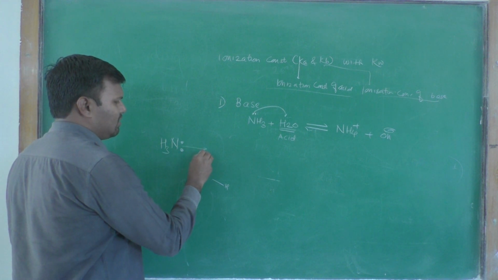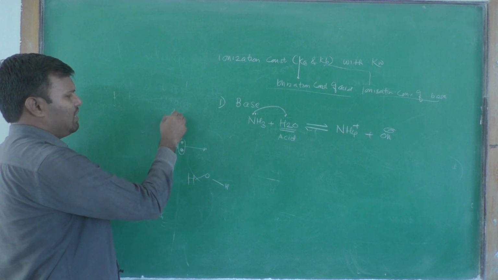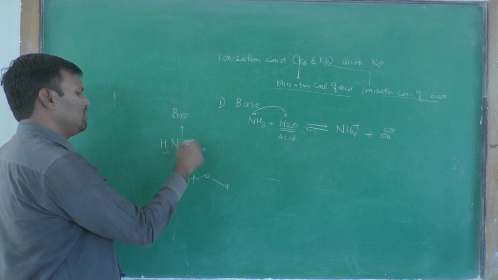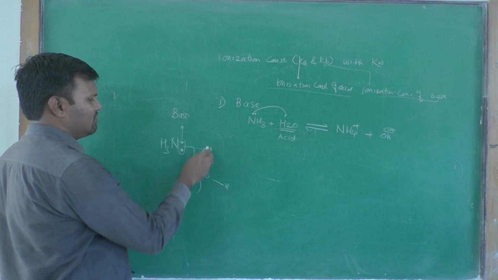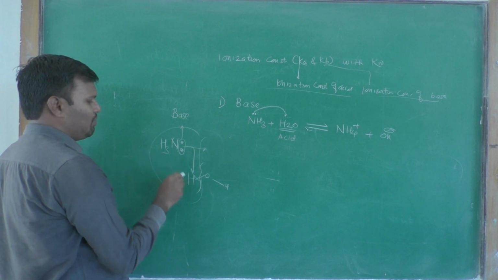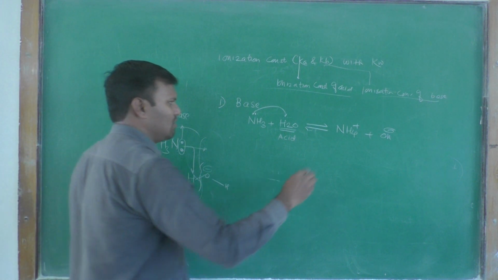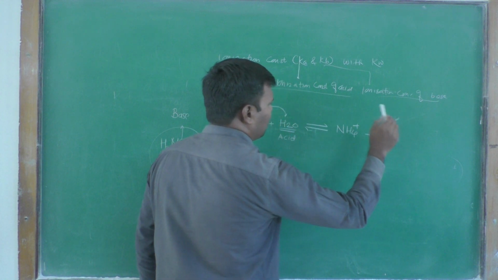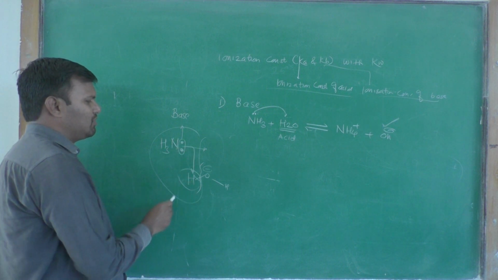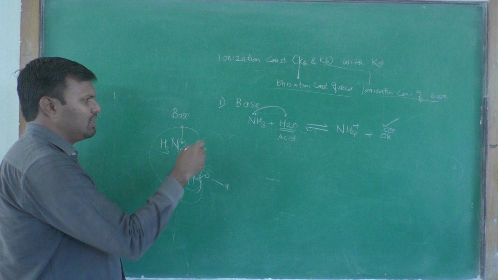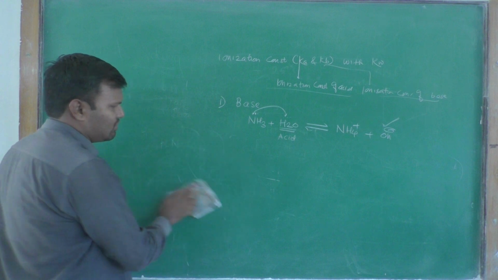According to the Lewis concept, the species which gives the lone pair is a base. It gives the lone pair, accepts the H plus ions, and is converted to NH4 plus and OH minus ions. This is about NH3 being a base.